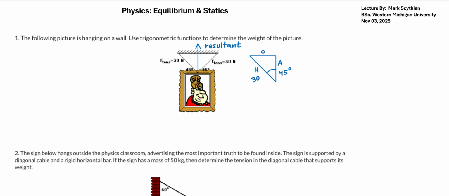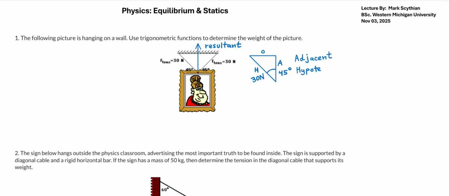So if we know the rules for trigonometry with respect to dealing with, in this case, the 30 newtons of force on the hypotenuse side, we can pick the resultant A is what we want.